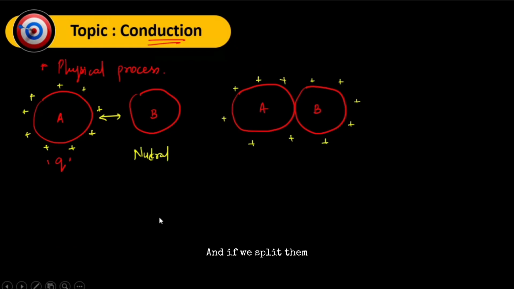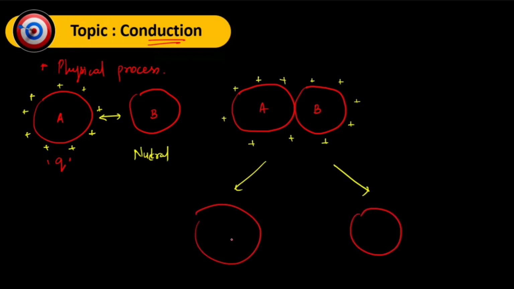And if we split them later on, what we will find here is that A and B both become positively charged. A was already a positively charged sphere, but here B will also become positively charged. By how much charge? If it was Q initially and B was neutral, so later on it will be half.